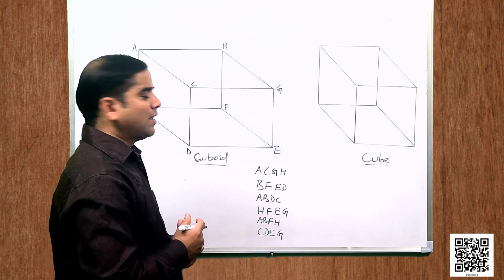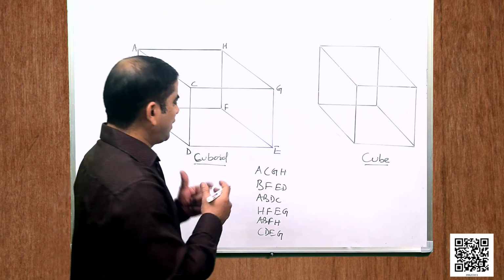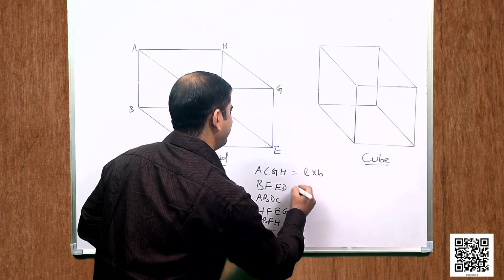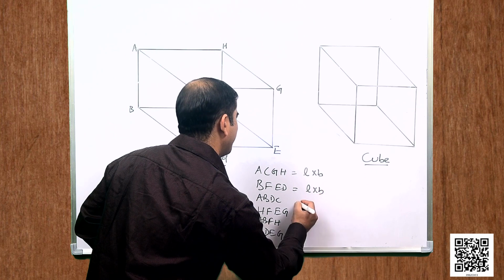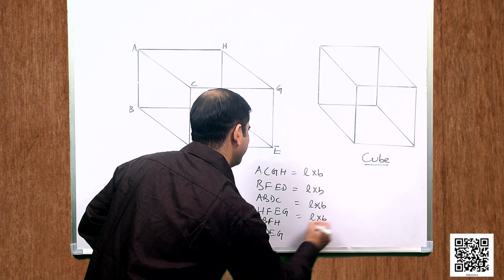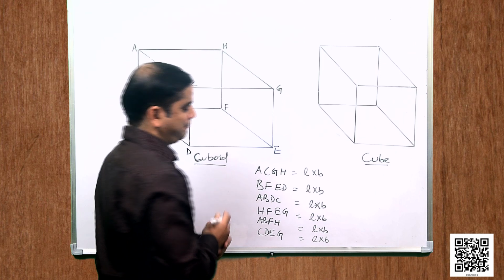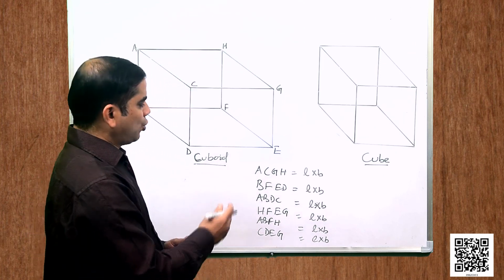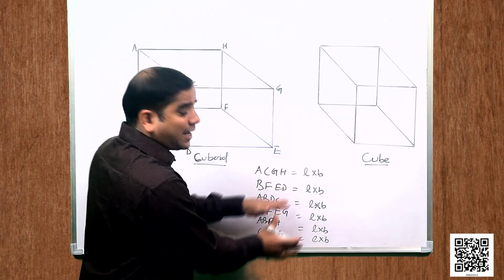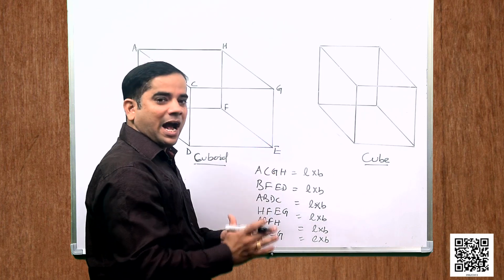Now for each rectangle we have some area, isn't it? The area should be L into B. This is also L into B, L into B, L into B, L into B, and L into B. Fine. The total surface area means the sum of all the areas of these rectangles, because each rectangle has some area.